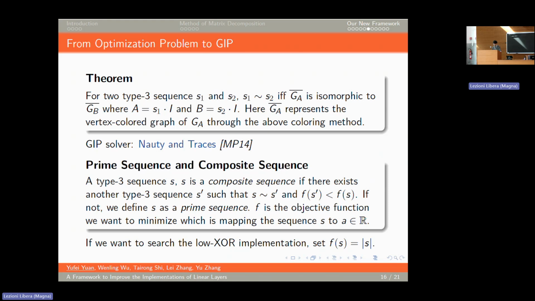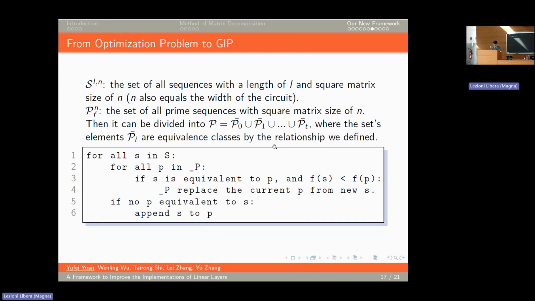Here, F is the objective function we want to minimize, which maps the sequence S to a real number. So if we want to search for a low XOR implementation, we can just set F of S equal to the length of the sequence. In other words, the prime sequence is the optimized or optimal implementation for an equivalent matrix.